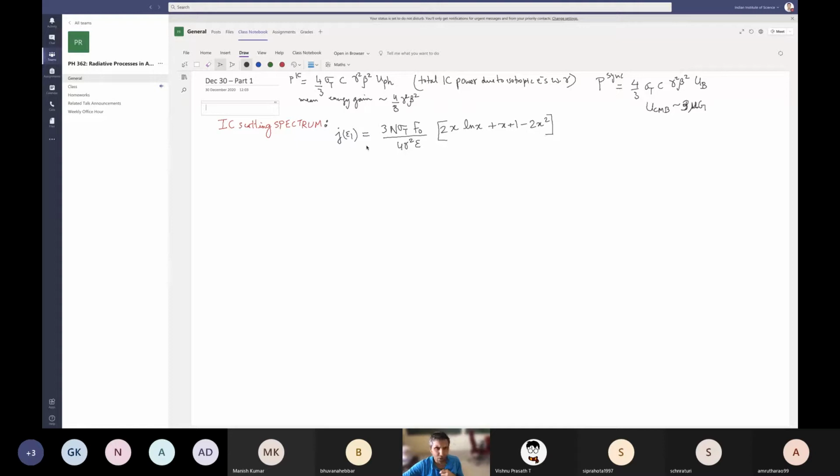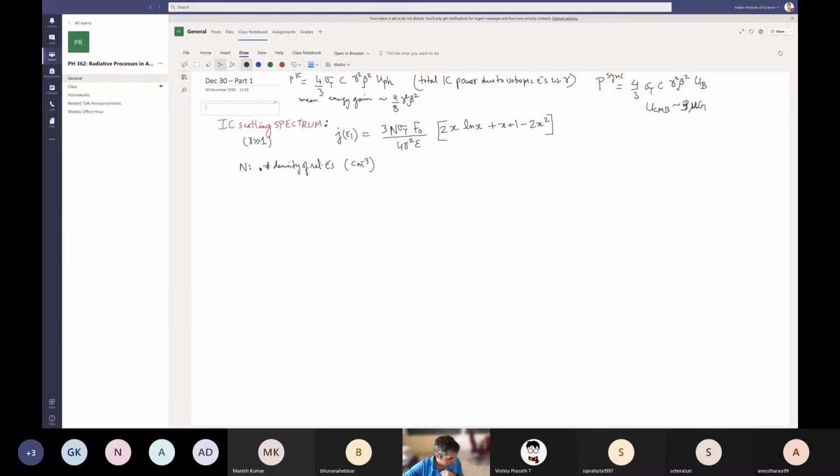So let me write down what these various variables are. N is the number density of relativistic electrons, so this is number per centimeter cubed. This is capital N, and I have assumed that gamma is much bigger than 1 in this.